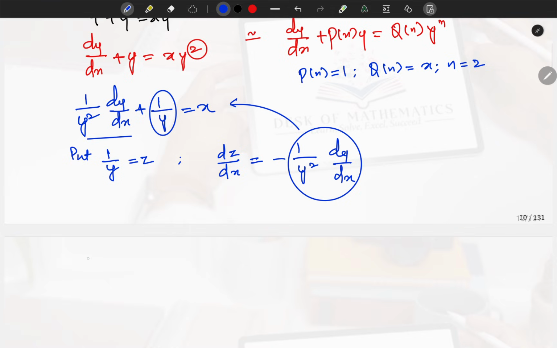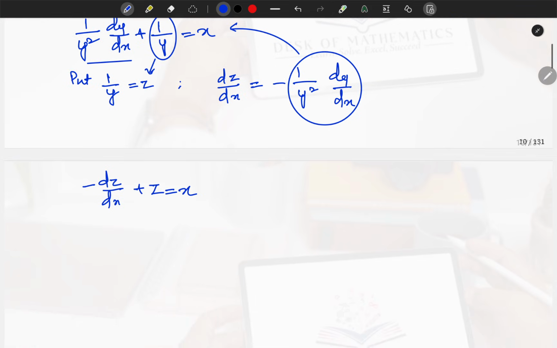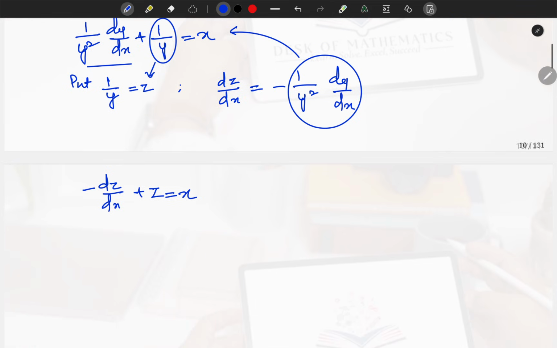You now have minus dz upon dx plus z is equal to x, yes or no? Because 1 by y is your z, and this part is minus 1 by y square dy by dx. So you have to solve it in this way: dz upon dx minus z is equal to minus x.